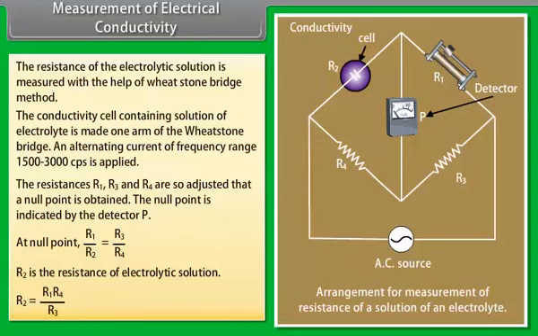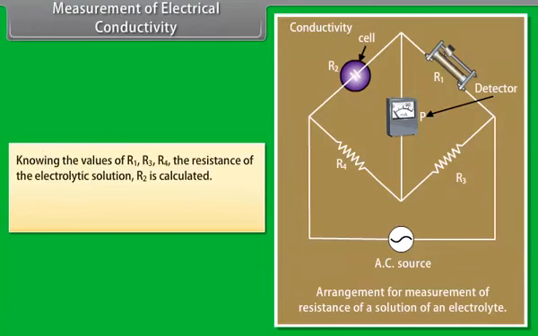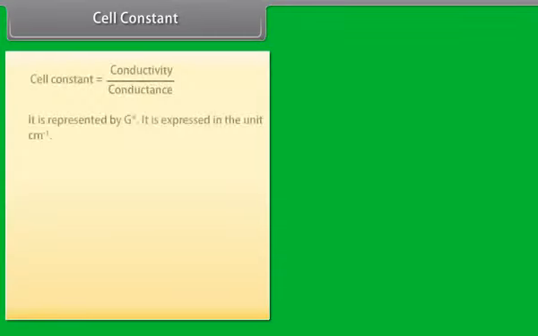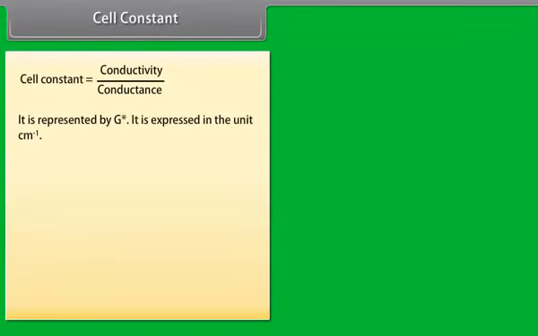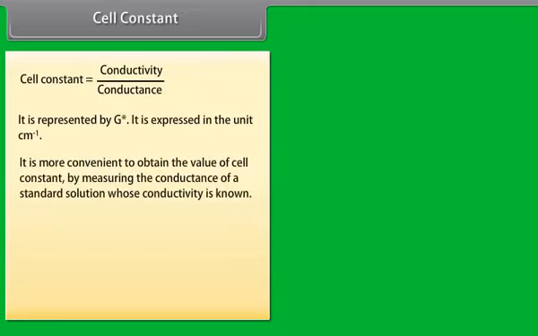We know that area is equal to pi r square. By putting the values, we get area is equal to 0.785 centimeter square. We know that R is equal to rho l upon A. By putting the values, we get resistivity is equal to 87.135 ohm centimeter. We know that conductivity is the reciprocal of resistivity.